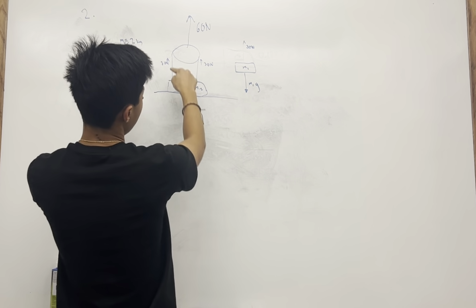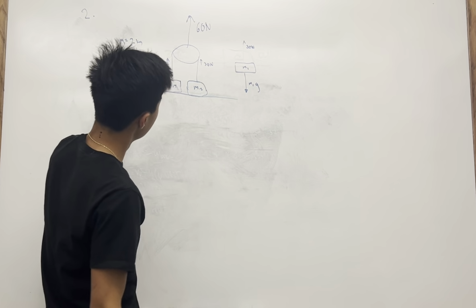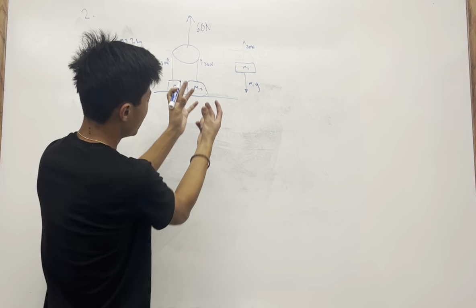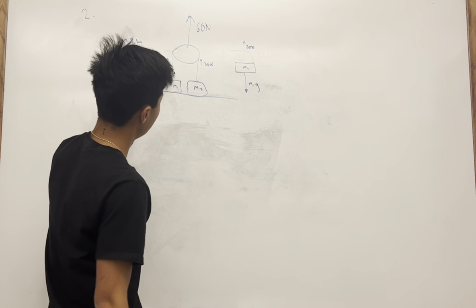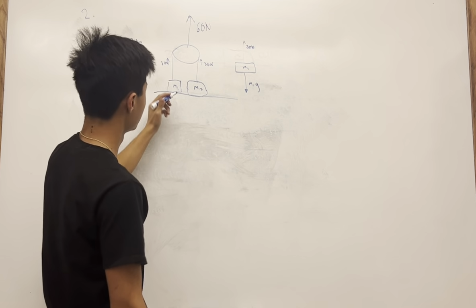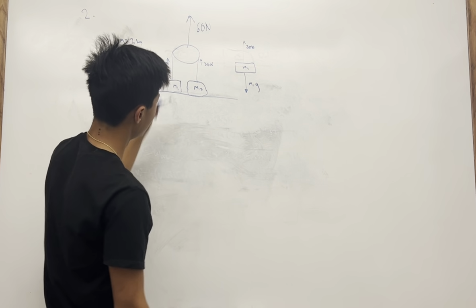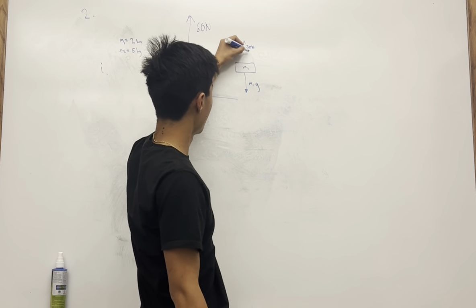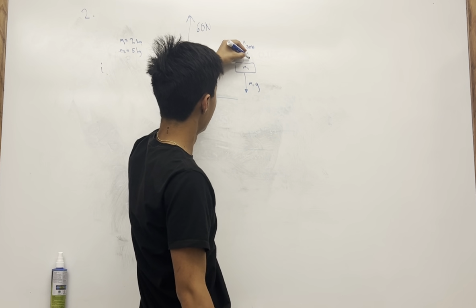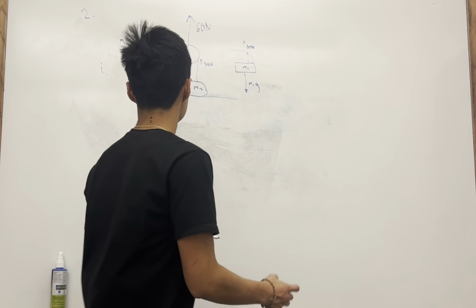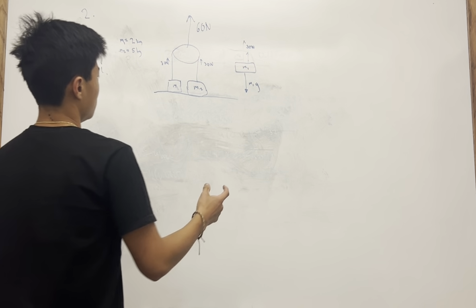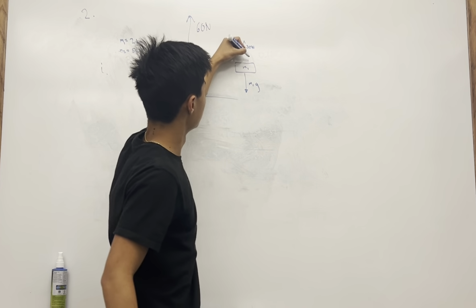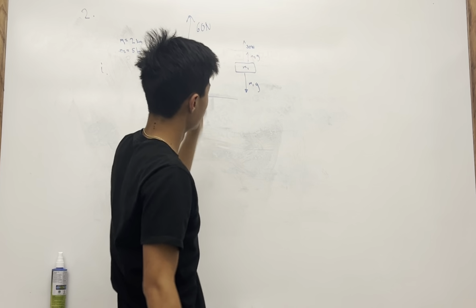Because the pulley redirects the direction, the weight of mass 2 is basically pulling up on mass 1. And vice versa, the weight of mass 1 is pulling up on mass 2. So to this free body diagram, you have to add a vector that says mass 2 times gravity.